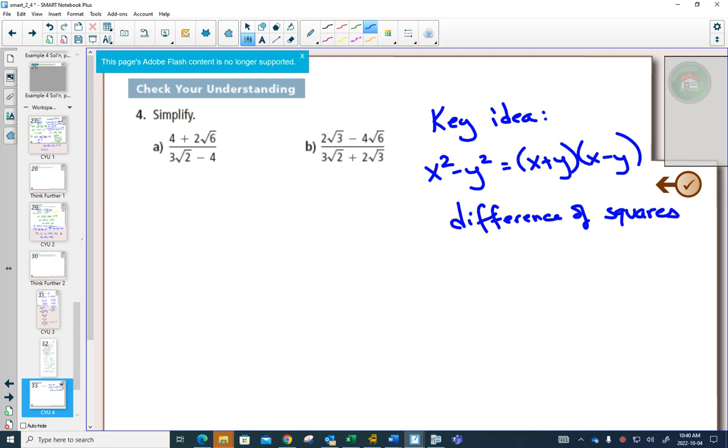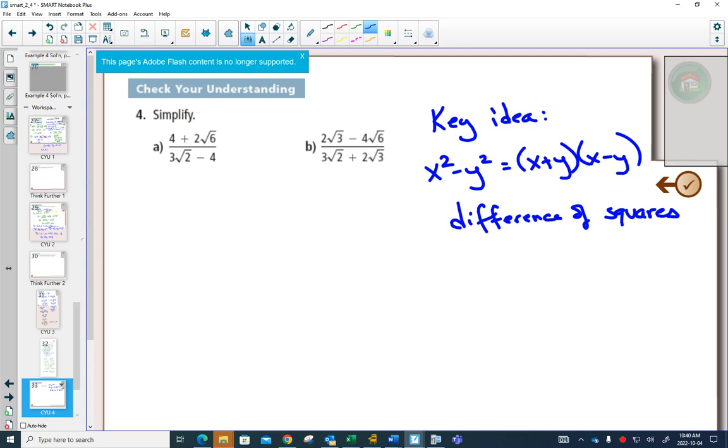If you want to get rid of a square root, you need to square it. If you want to get rid of a binomial that has a square root, you're going to need to multiply.